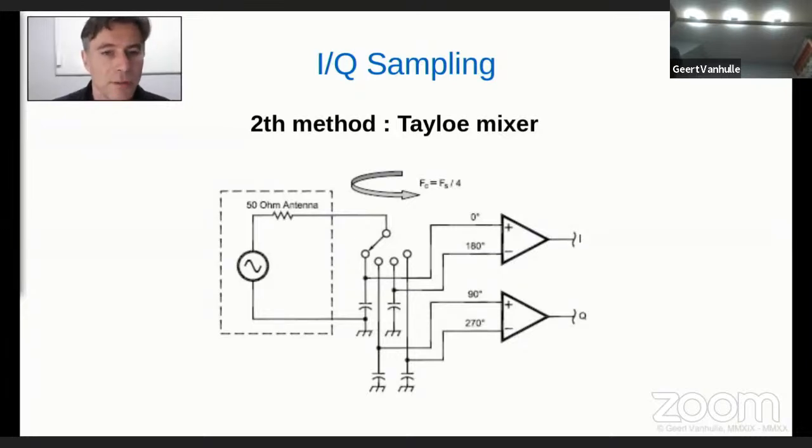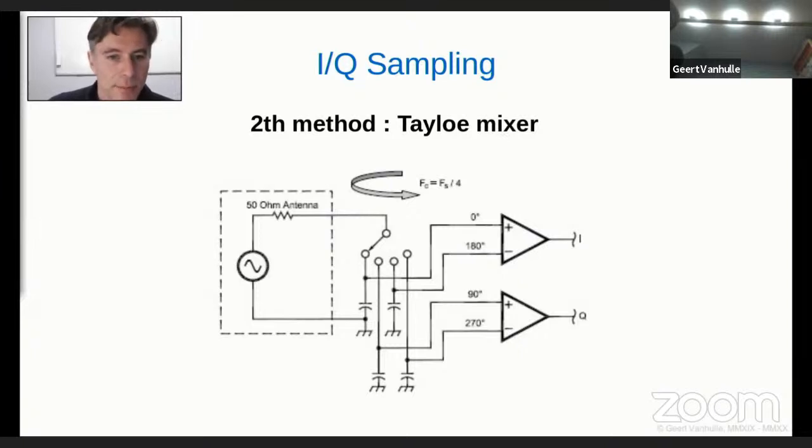So we can actually save our lost samples and use them again as a complex sample signal. So this is an analog Tailor mixer circuit to produce analog IQ signals that still need to be sampled after that. So the IQ outputs of these op-amps would then go to AD converters normally.